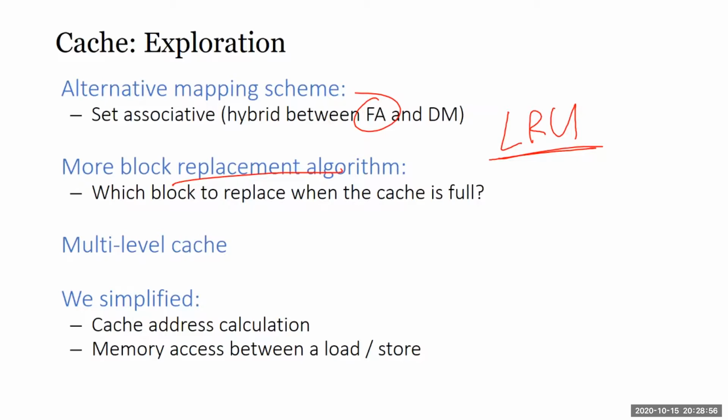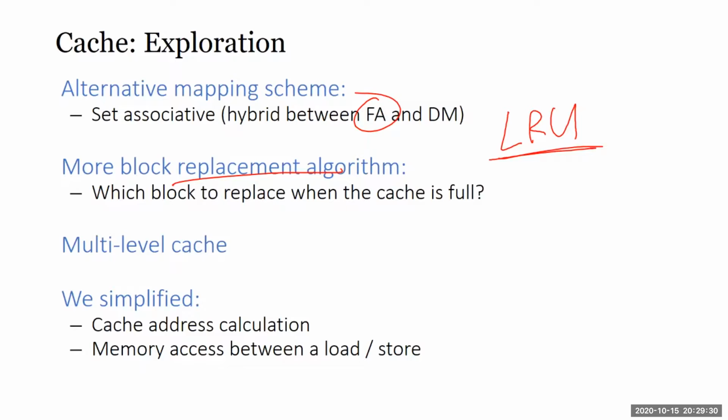I can't think of any other replacement now. The other one would be least frequently used. One is the very stale one, which is the oldest one. The other one would be based on the frequency of access: how many times you have accessed the cache.